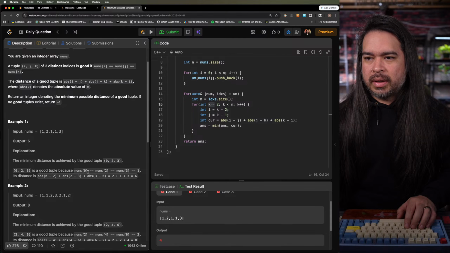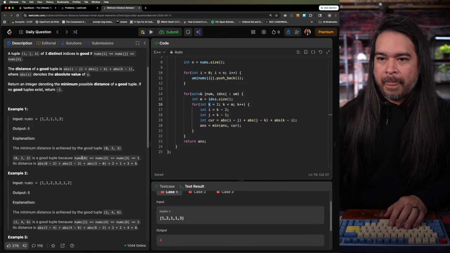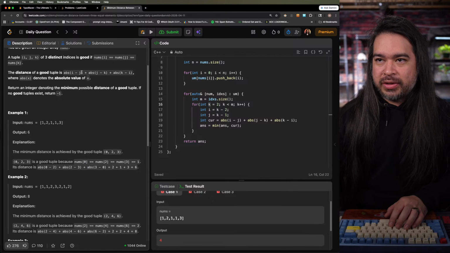Wait. Am I tripping? Because here they have I minus J in this formula. And they got 0, 2, 2, 3.